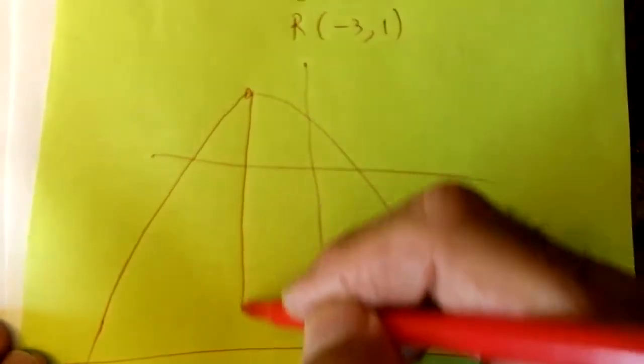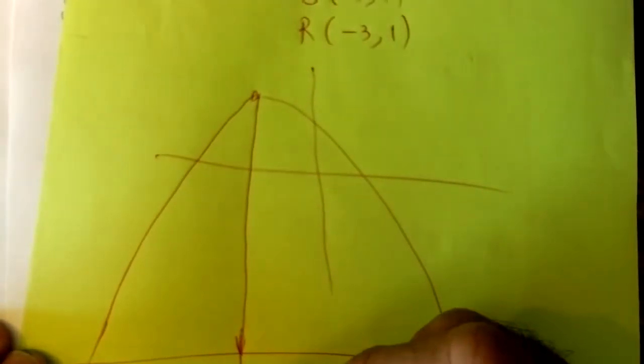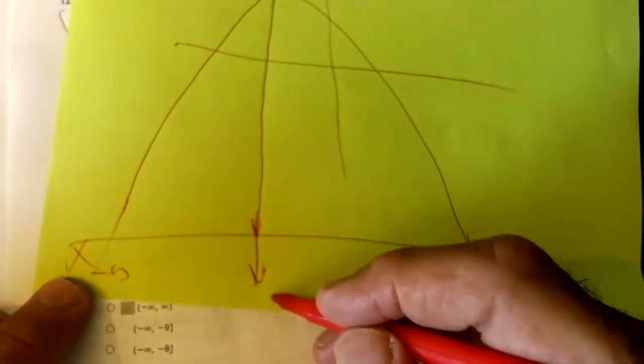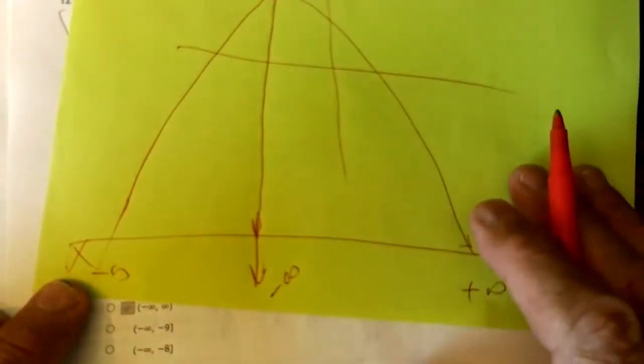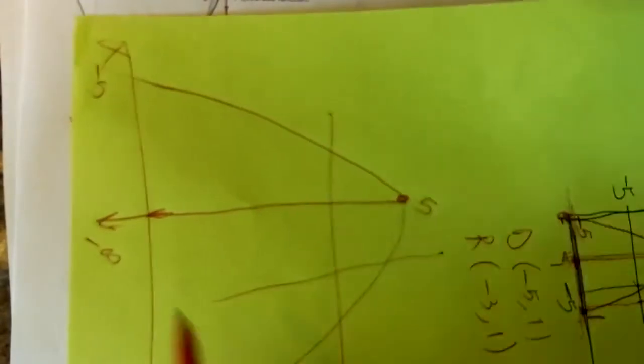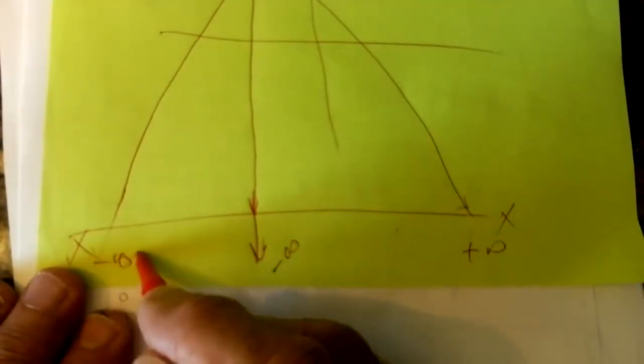But what about the Y value? Y goes from here to here. I mean, all the way down to negative infinity, but up here, let's say it's 5. So Y is always between negative infinity and 5, right? But X is between positive infinity and negative infinity, something like that.